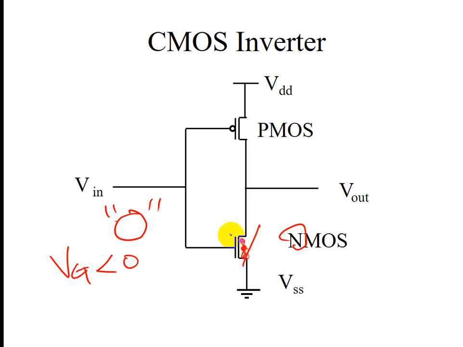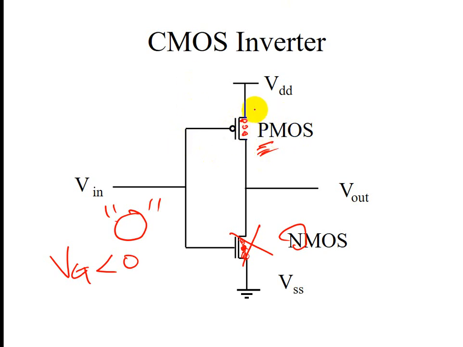So this NMOS will not have current going through. But low voltage here on top of the PMOS will result in more holes occurring over here. So that is how PMOS operates.